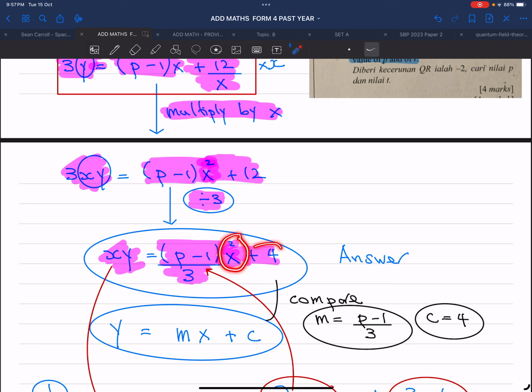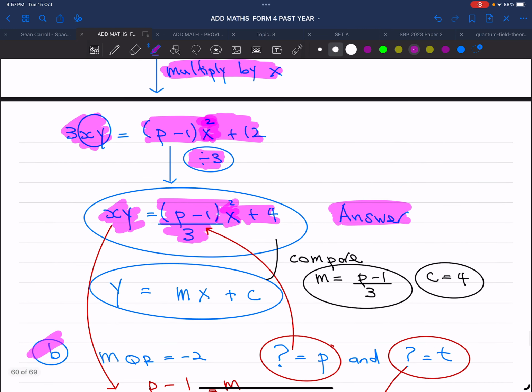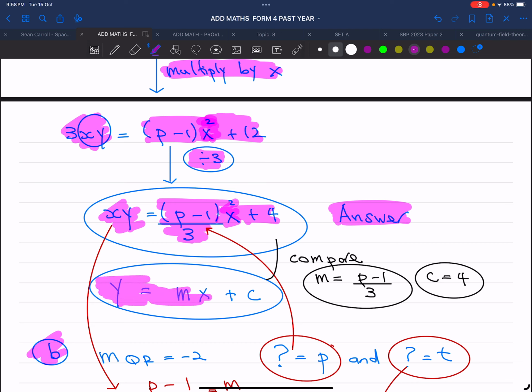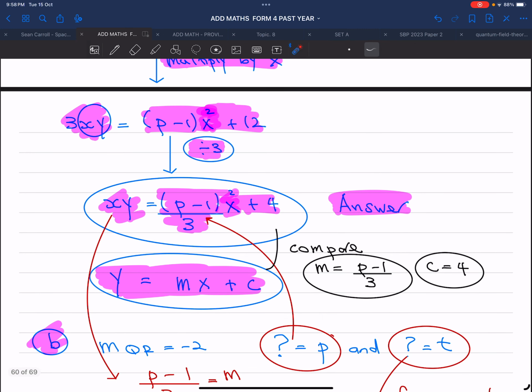So we have got the answer. Now before we proceed to part B, let us compare the one we got with the formula of the linear law, capital Y equals mX plus c. This will be useful for part B. Capital Y was xy, capital X is x squared, which means the gradient m is p minus 1 over 3.